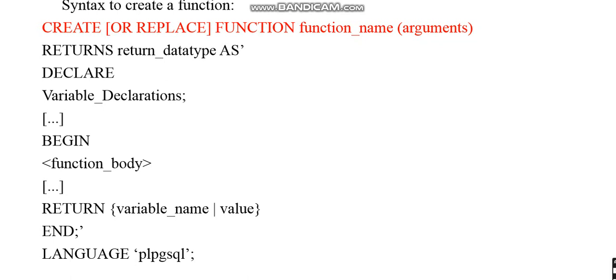And the arguments are nothing but the parameters that are passed to the function. The returns keyword is used so that the function returns something, and we write here the return data type of what it is going to return. The as keyword is used to create a standalone function.